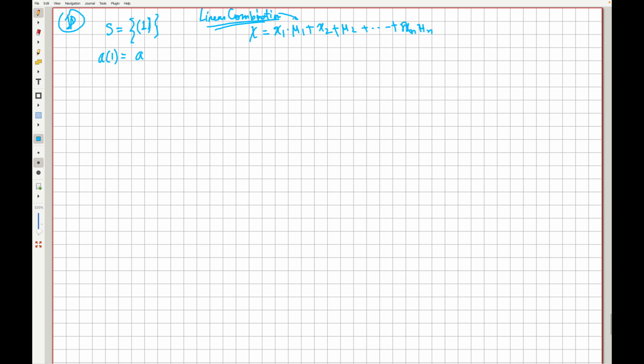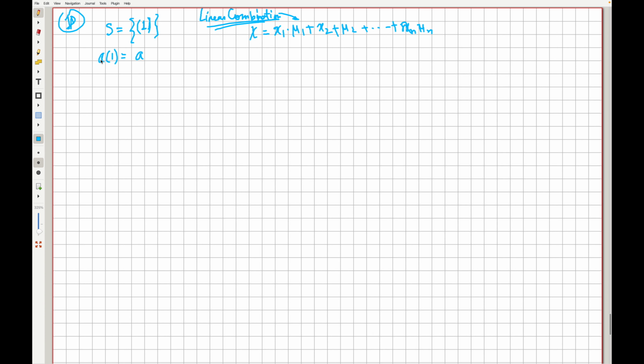So that's the whole linear combination. That's what we are talking about. And in this explanation, we might switch these notations just a bit. So we'll say this is, let's say, a times the vector u1 and so on.